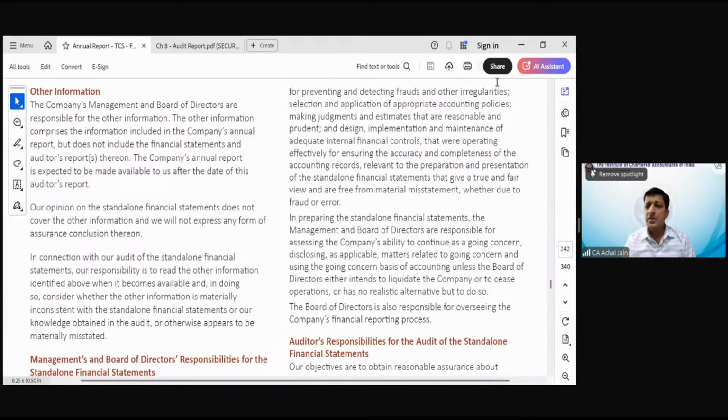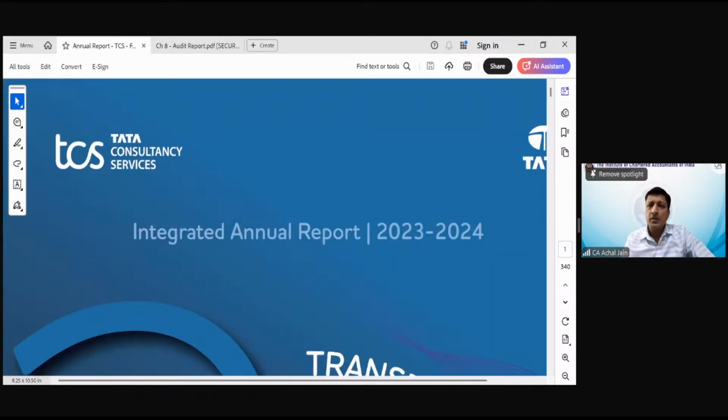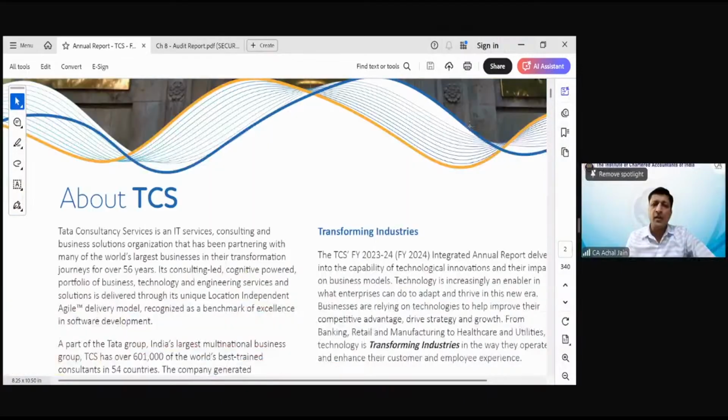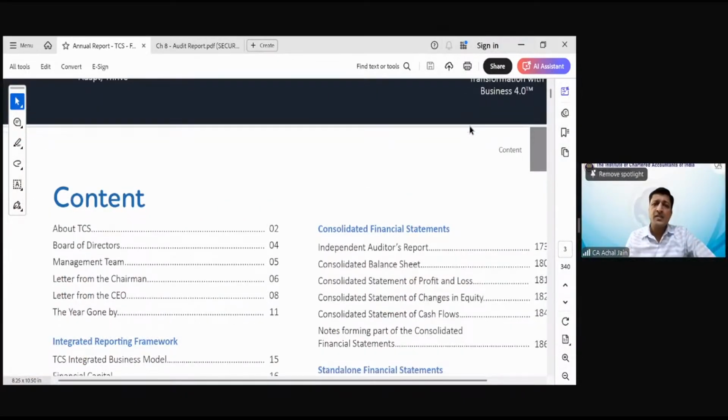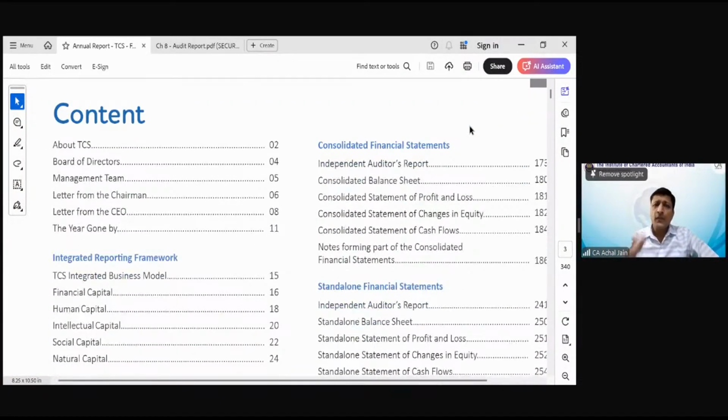Let me just go to this index and see what all things are included in this annual report. So this document which is in front of you, this is the annual report.